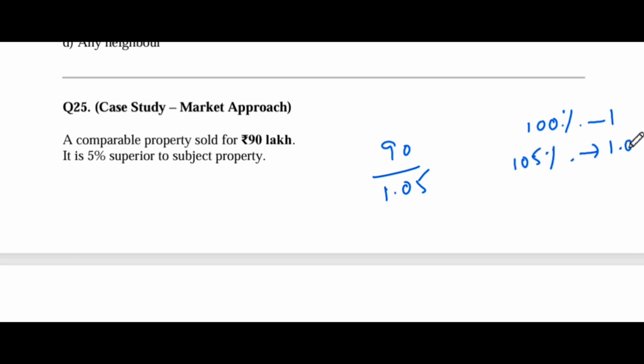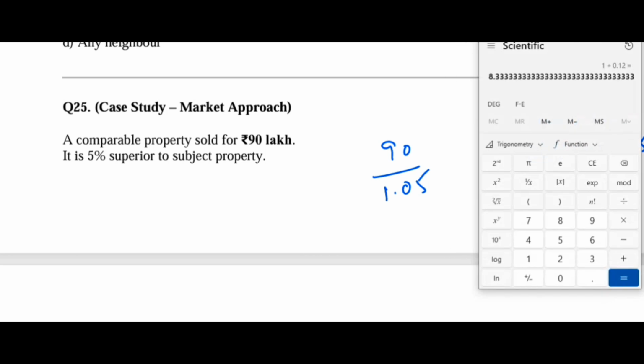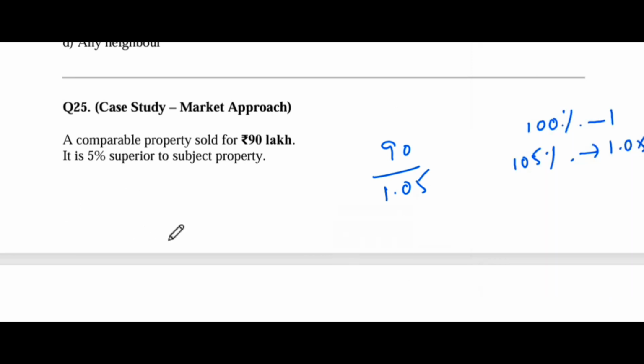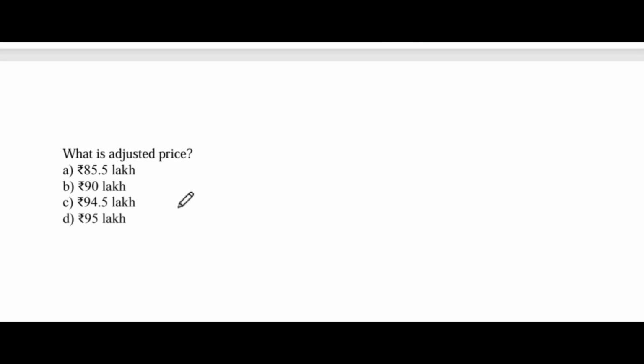That will become 1.05. So if we divide 90 lakhs by 1.05, how much? 85.714. So the correct answer would be A.